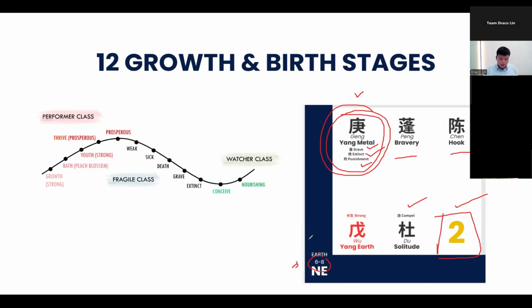Those who study flying star will understand this, but this one is much more complicated, and I also don't know.